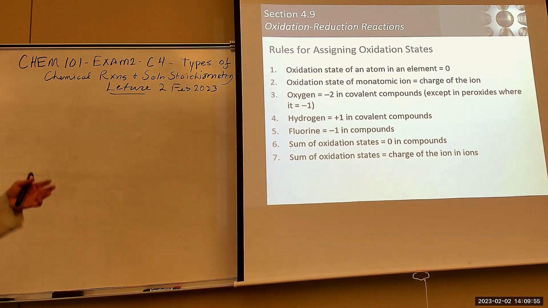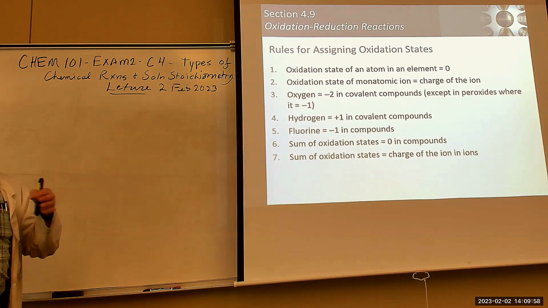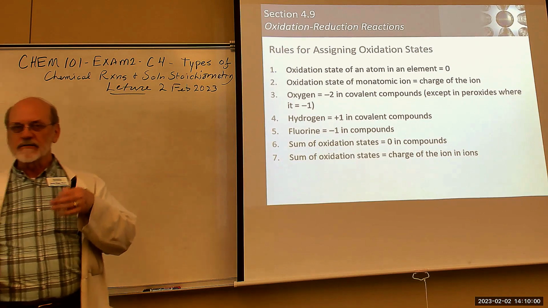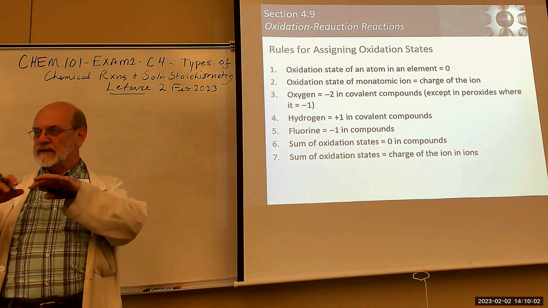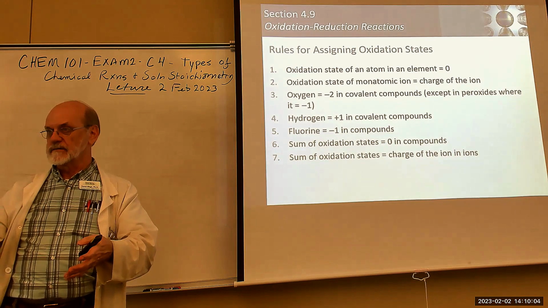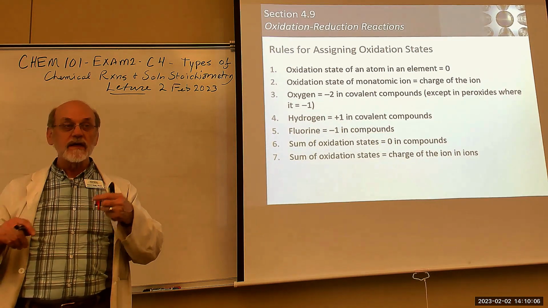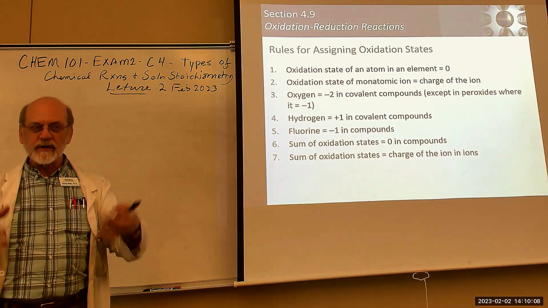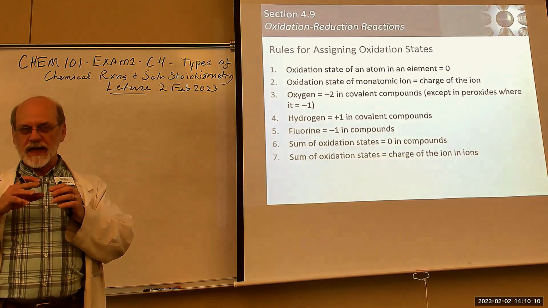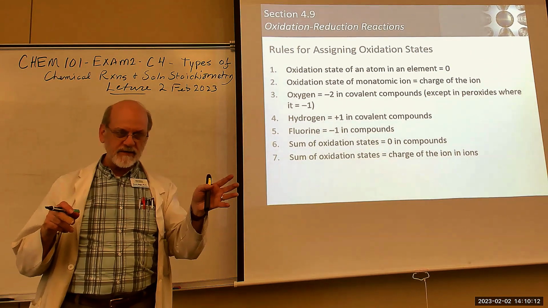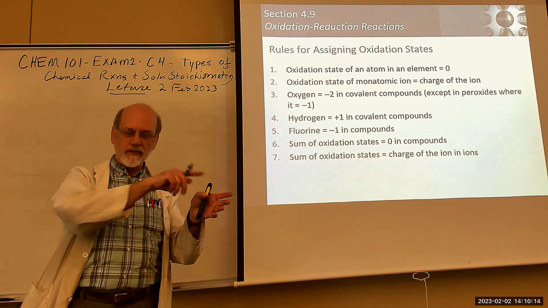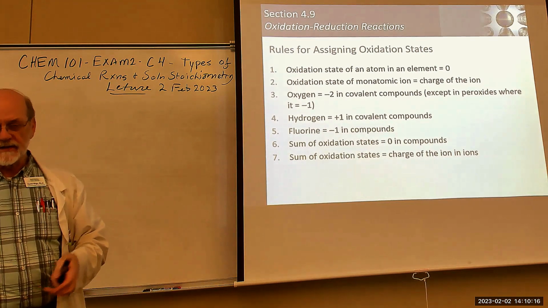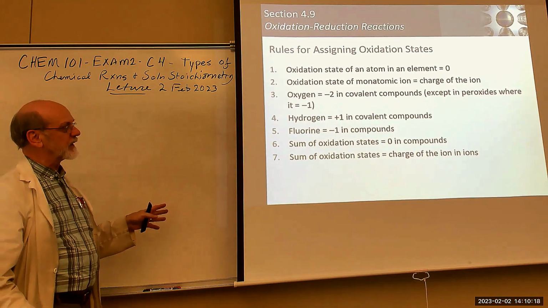But in order to do it, we have to be able to calculate the oxidation state for each of the elements in the reaction. That way, it's a way of bookkeeping for electrons. So you know how many were here. Now you got this many over there. Okay, they transferred from here to there. And that's all it is. It's just for bookkeeping.